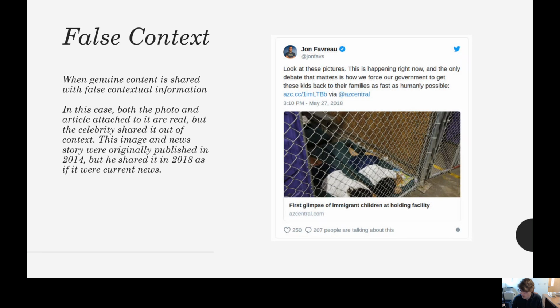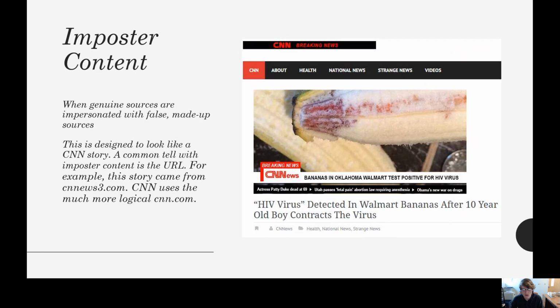That is false context. So now we have imposter content, a little more malicious. These are when genuine sources are impersonated with false, made-up sources. So this is ostensibly a CNN article, HIV virus detected in Walmart bananas after 10-year-old boy contracts the virus. So the URL is not present on this, but a really good common tell for imposter content is the URL.